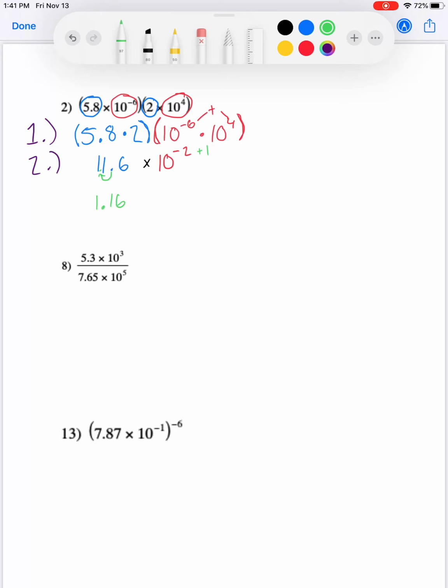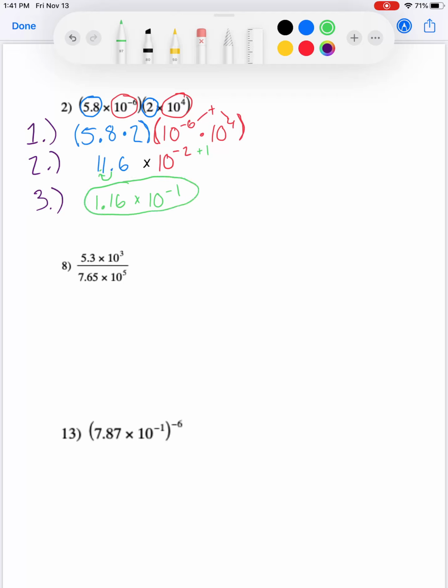So if we're making the coefficient smaller, we need to make the exponent bigger. So instead of times 10 to the negative 2, I'm going to have times 10 to the negative 1. And if we were moving the decimal place, let's just say 4 times, then we would need to add 4 to the exponent as well, so it correlates.